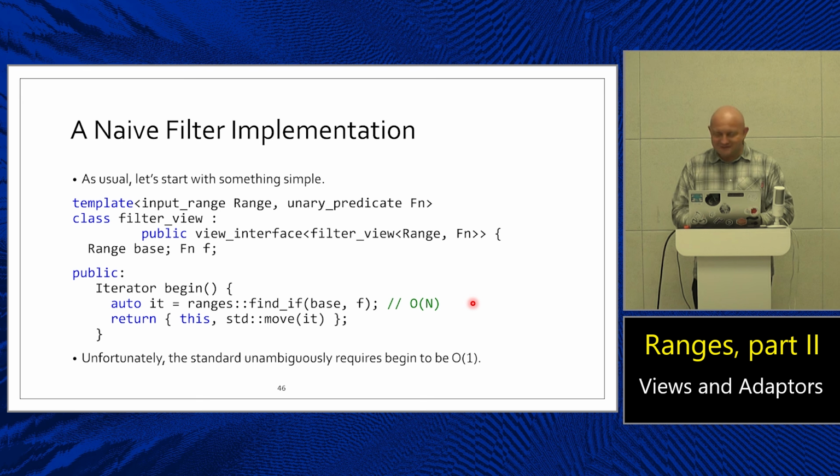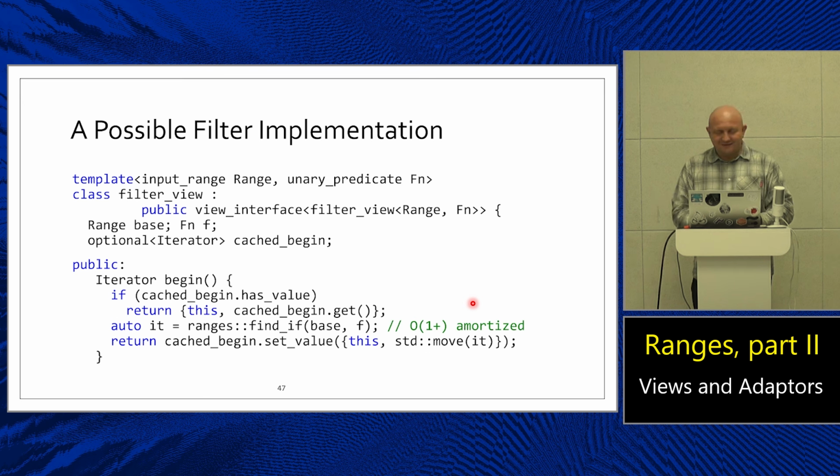I hope you did. And yes, when we hear the word amortized, we probably cache something. Instead of recomputing the beginning every time, we compute it once and store it. Yeah, lazy behavior. Lazy is here. Now we are lazy enough. On the first call of begin, we are caching this find_if, and this is amortized big O of constant.